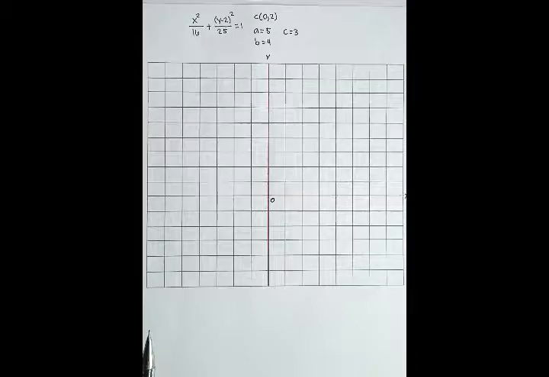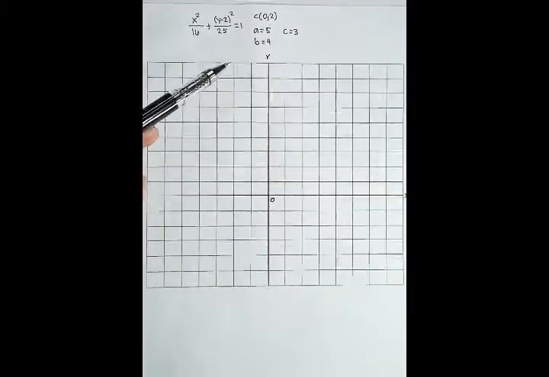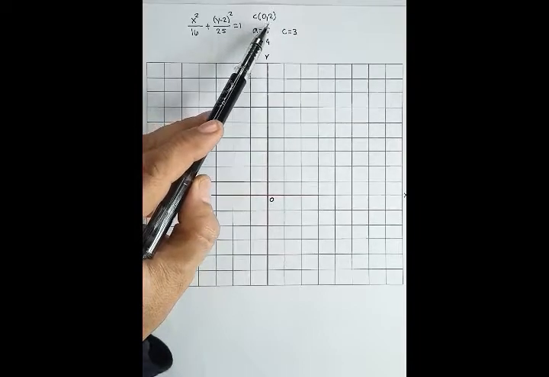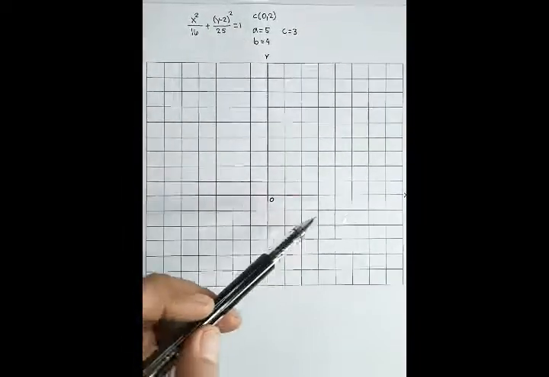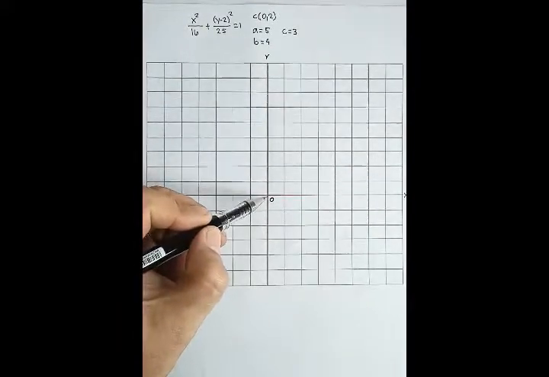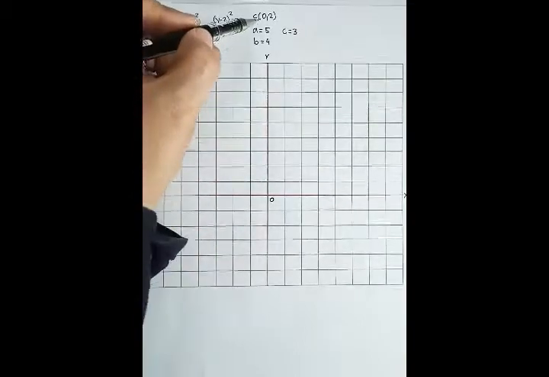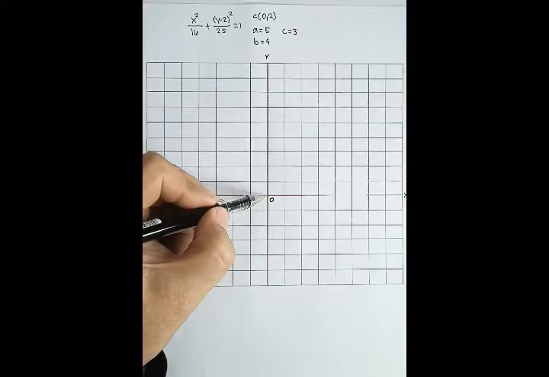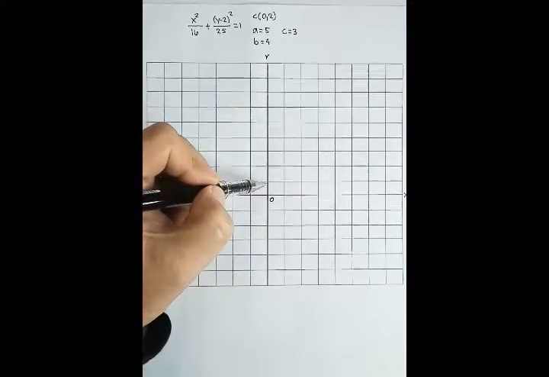So the first thing that we will do is find the center of the ellipse. So C is at 0, 2. So where is this 0, 2? In our xy plane, this is the origin, 0. At x equals 0, it is along the y-axis. So 0, and then count 2. So 1, 2.